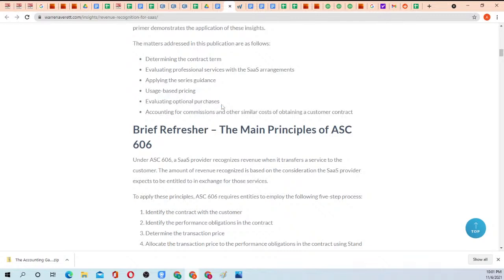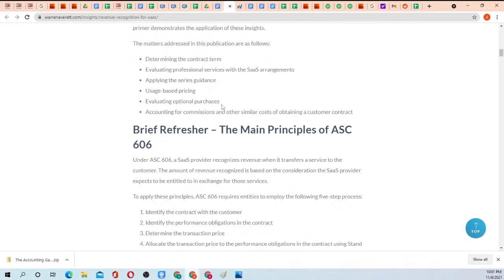Optional purchases. Sometimes when we do SaaS, we get a pretty good client database which can be used to upsell some other stuff, and that stuff can be like an optional purchase on the contract.